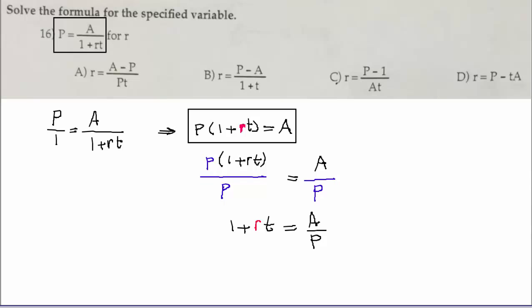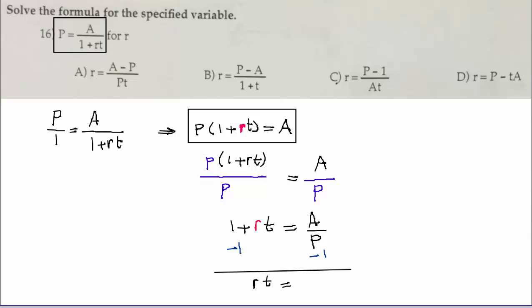Subtract, very good. You eliminate the constant. If I subtract 1 from both sides of the equation here, then I would get RT is equal to A over P minus 1.